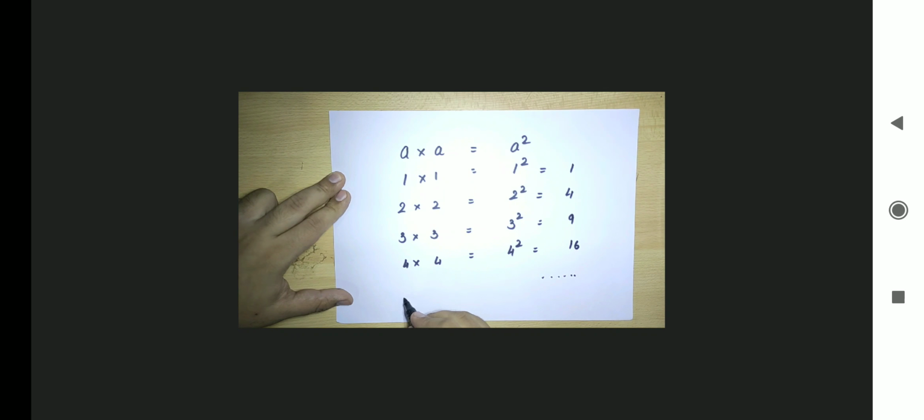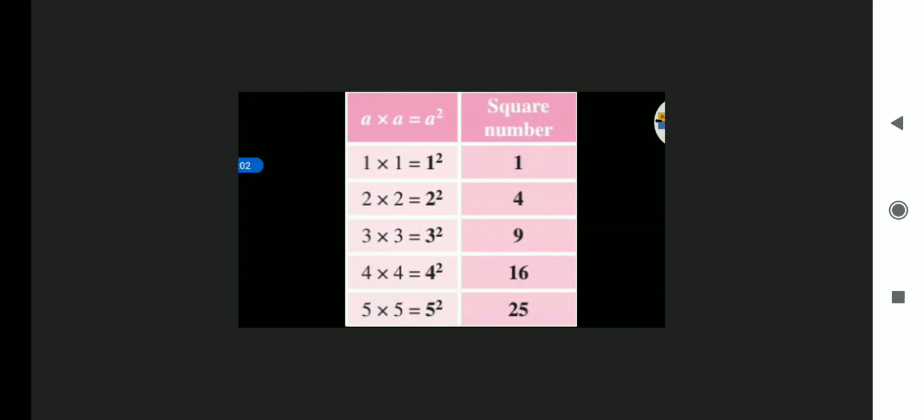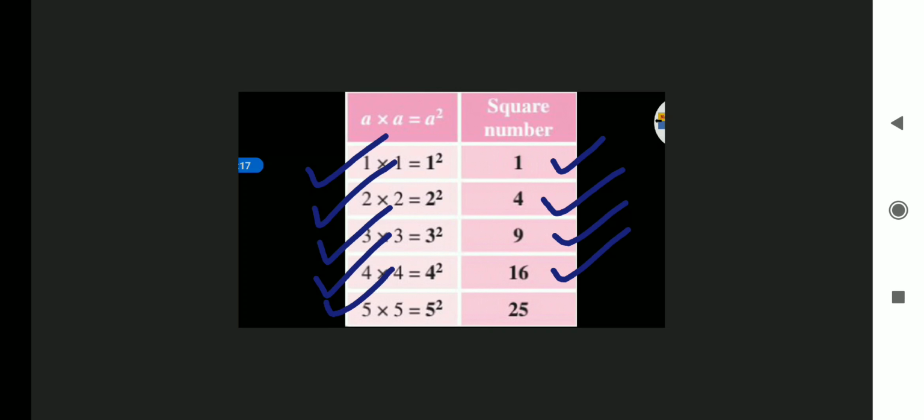If you take 100 multiplied by 100, you get 100 square, which comes up to 10,000. As we can see, the square of 1 is 1, of 2 is 4, of 3 is 9, of 4 is 16, of 5 is 25.